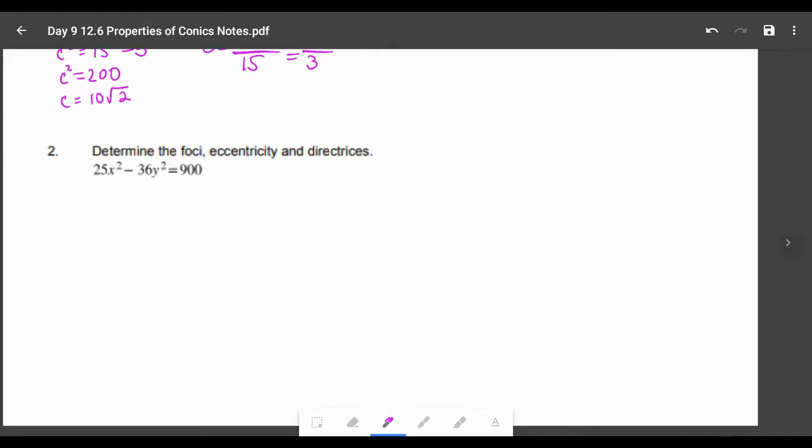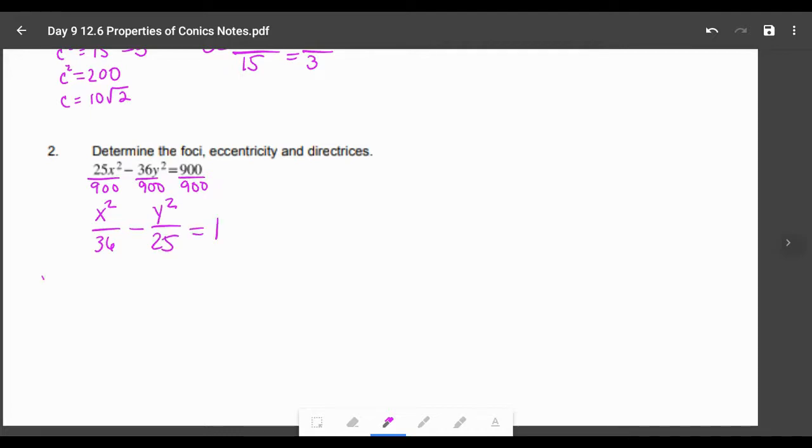In number 2, you'll notice that there's a subtraction sign, so that tells us we're working with a hyperbola. But in any case, we know we need to divide by 900. So we need to simplify this equation. And 900 divided by 25 is 36. So this first fraction will become x squared over 36. And 900 divided by 36 is 25. So this will be y squared over 25 equals 1.